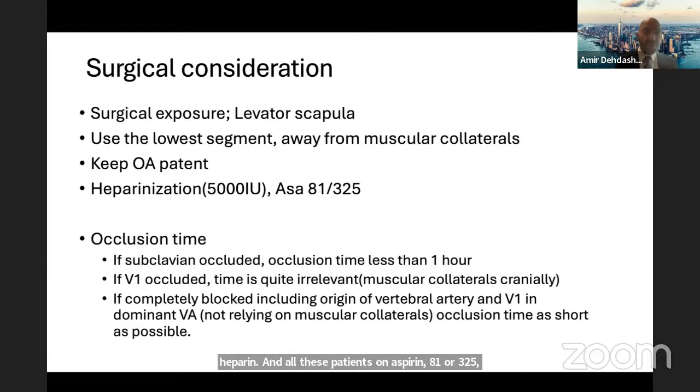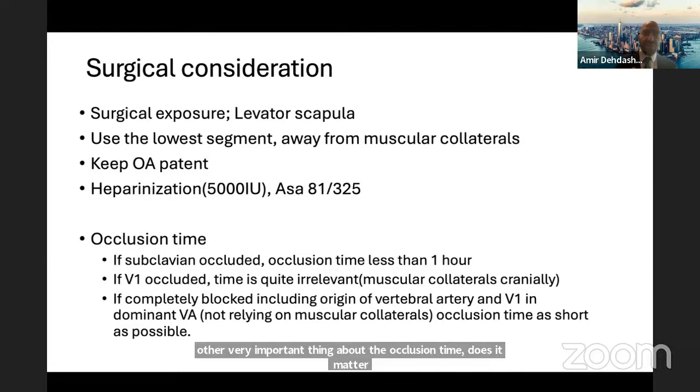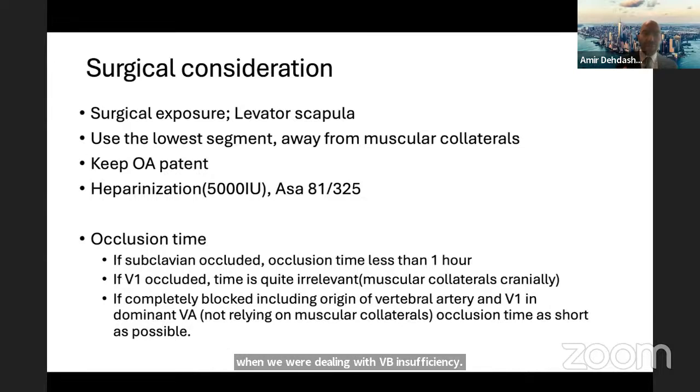One other very important thing is the occlusion time. Does it matter when we are dealing with VB insufficiency to occlude the vertebral artery? If the subclavian is occluded and we are occluding the vertebral artery, remember, the vertebral artery has a retrograde flow.